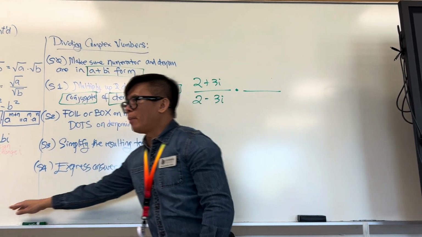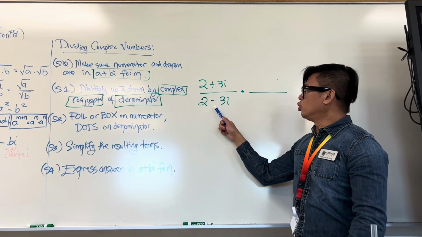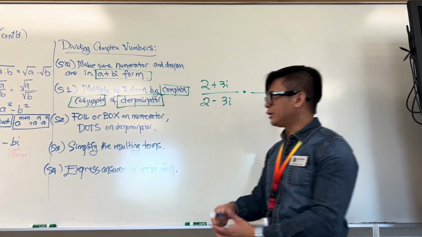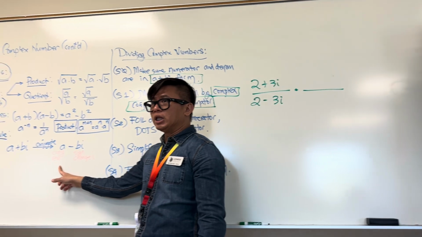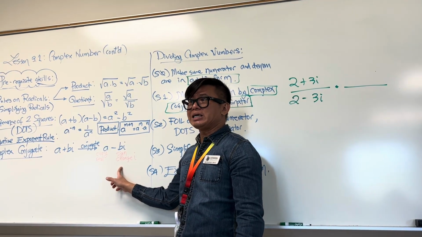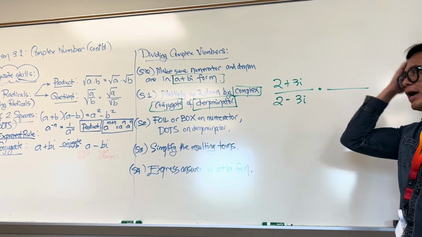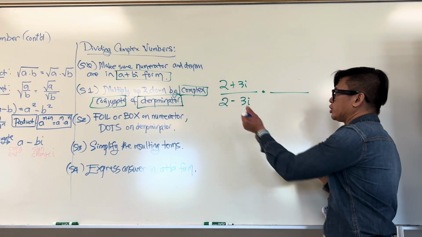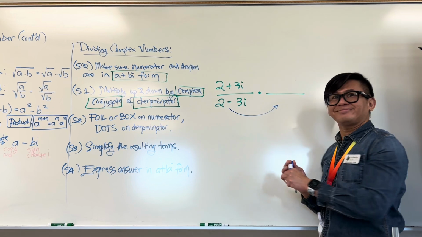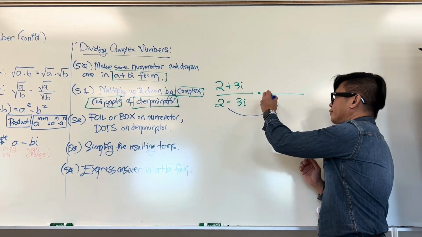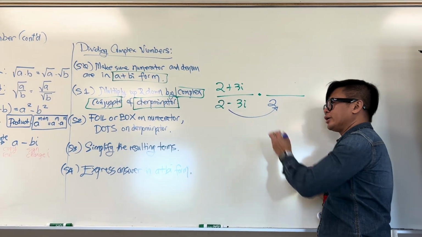So, what is the complex conjugate of 2 minus 3i? Once again, copy the real, sign change the imaginary i term. Get it? So with that being said, Anne-Marie, what do you think will be the complex conjugate of the denominator? Only 2 plus 3i. Very good, right? 2, copy the real.